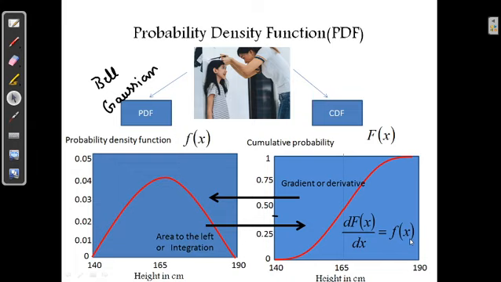Here, what is this? Small letter f of x means nothing but the PDF. So you're taking the sum, the area to the left. What does it indicate?